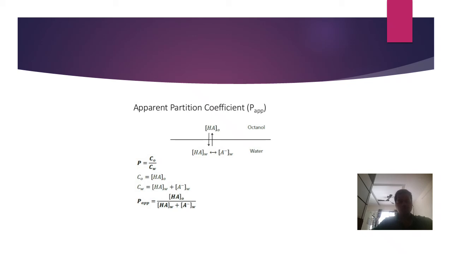Here we have HA, or simply the acid, divided by the acid in the aqueous phase plus the base, or simply the anion, in the aqueous phase. So by putting in the values of a particular concentration, we can find out the value of the apparent partition coefficient.